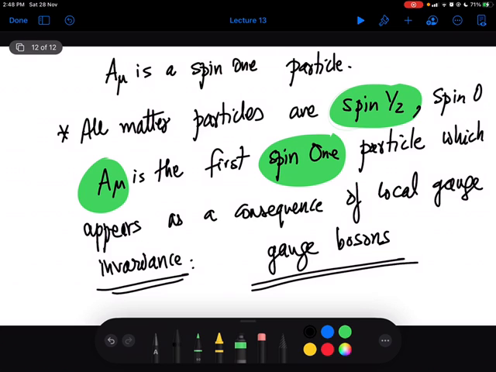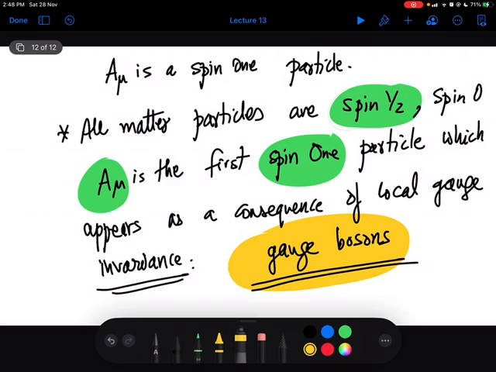So these are called gauge bosons, and the first example which we are seeing is this particular field, the A mu field.